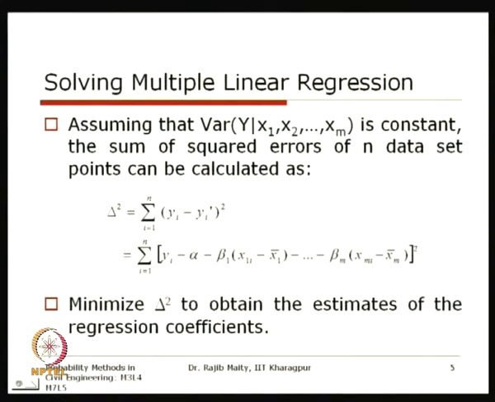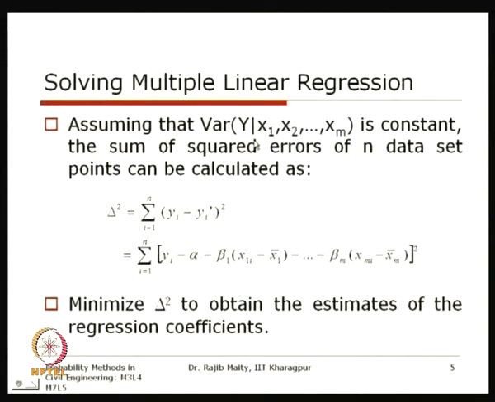Similarly here, with respect to which zone we are talking about of the input variables, the variance of the target variable y is either constant irrespective of the combination of input variables x1, x2, up to xm, or it can vary. But if it varies, then how it is varying over this zone, that function should be known.